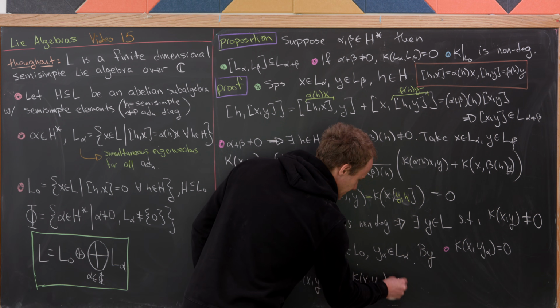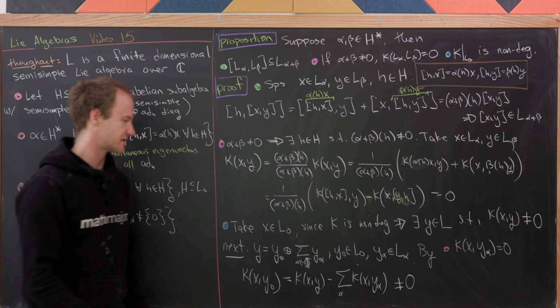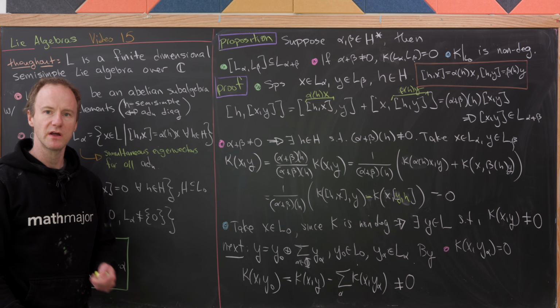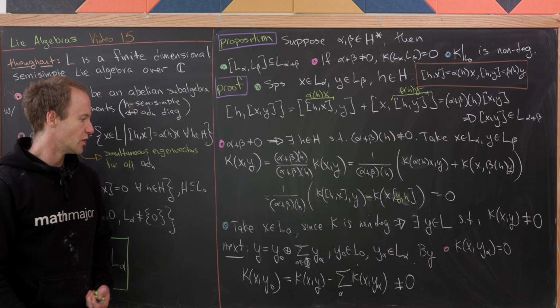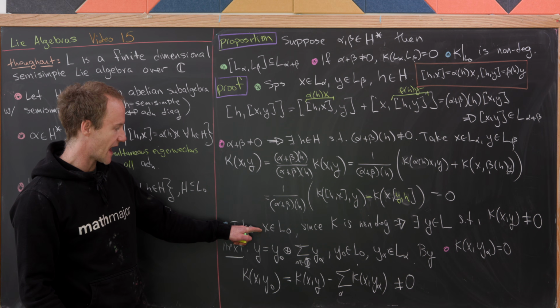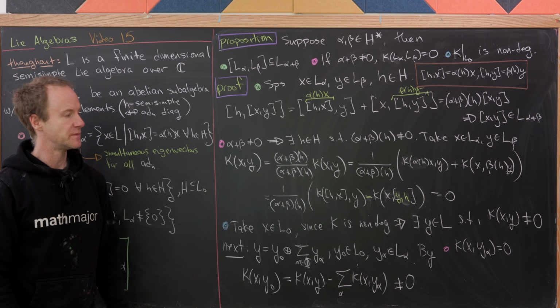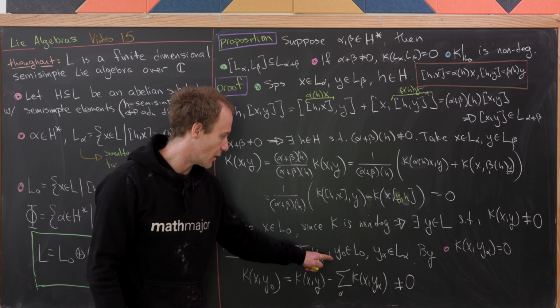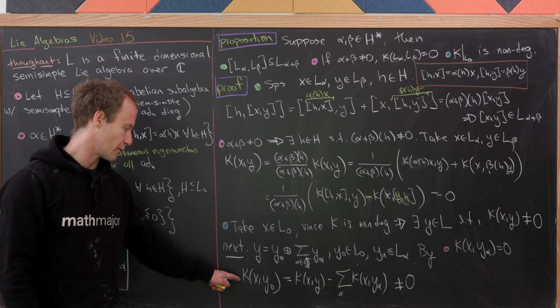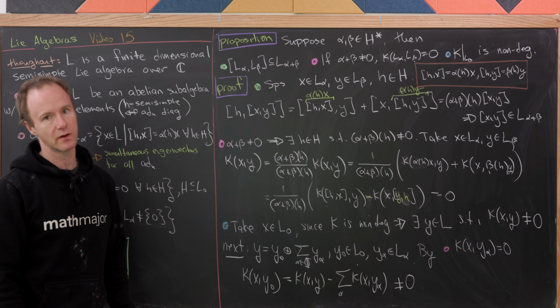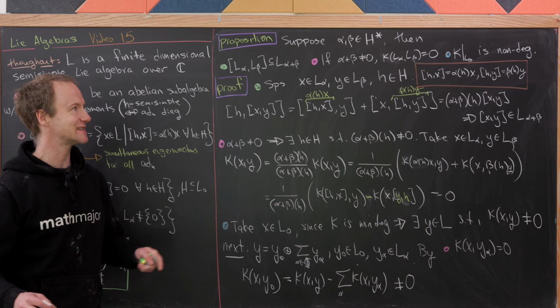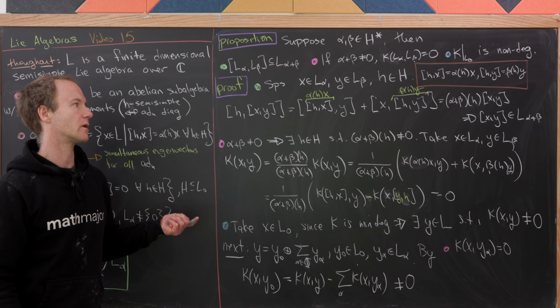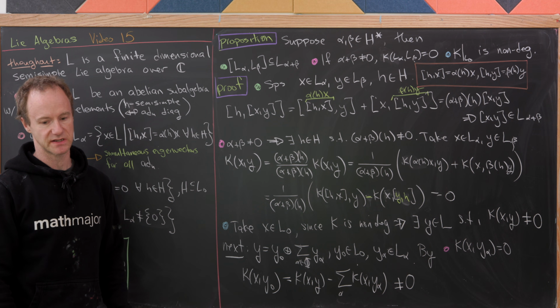So we've got something non-zero minus a bunch of zeros, so we have something non-zero. But let's look at what we've done here. We took an arbitrary x in L naught, and then we found an element y naught from L naught, where when we did kappa of x with y naught, we got something that's non-zero. But that's exactly what we need for this proof of non-degeneracy.